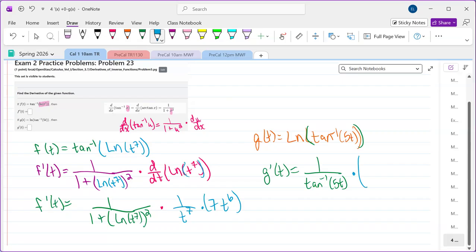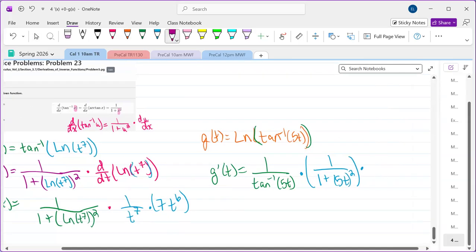So derivative of inverse tangent of thing is 1 over 1 plus thing squared. Thing is 5t. And then times the derivative of the thing, derivative of 5t is 5.